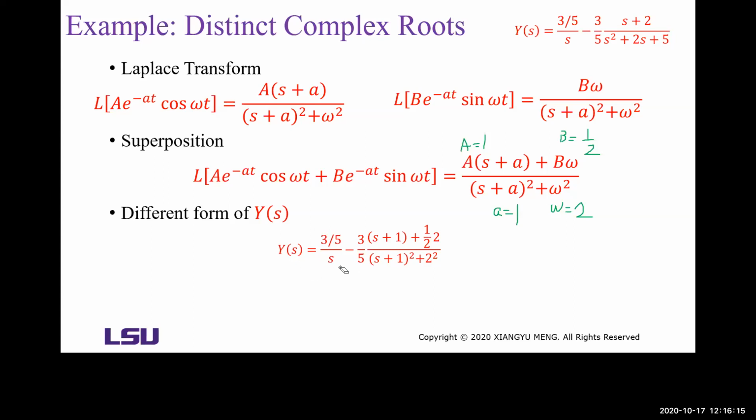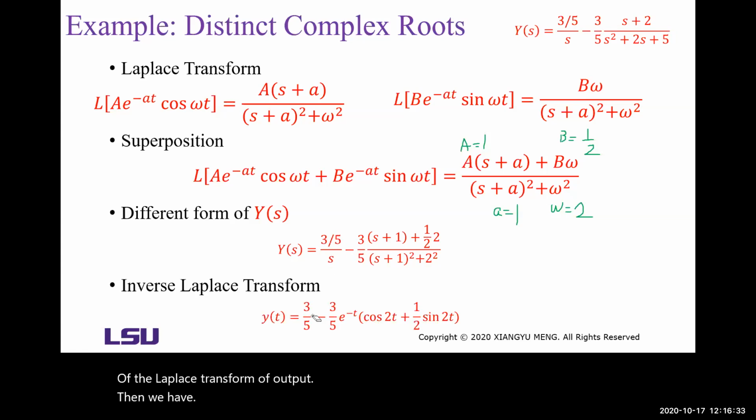Now we can apply the inverse Laplace transform to this form of the Laplace transform of the output. Then we have the constant 3 over 5. And the coefficient will be the same, minus 3 over 5.